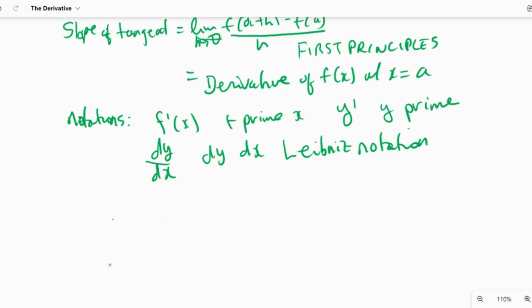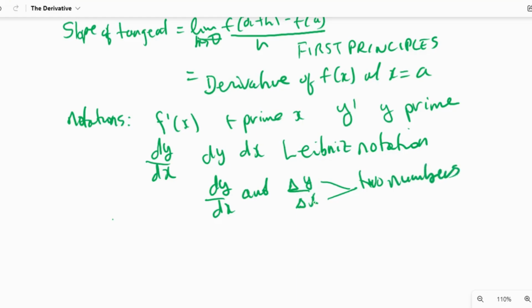It's very important to understand the difference between dy dx and delta y over delta x. These are two numbers, a numerator and a denominator. But this is only one number.